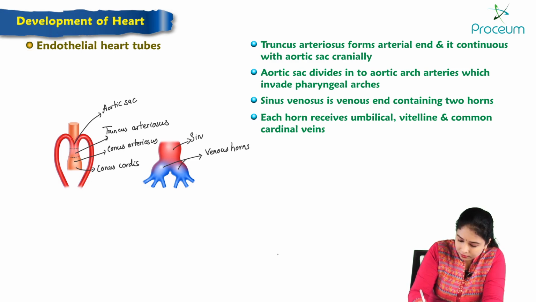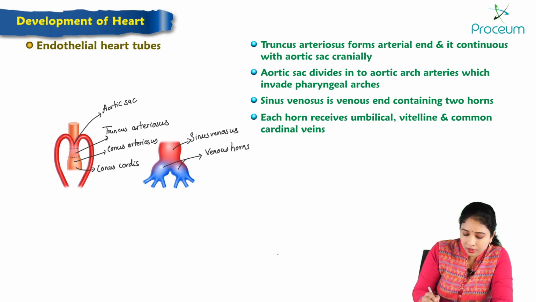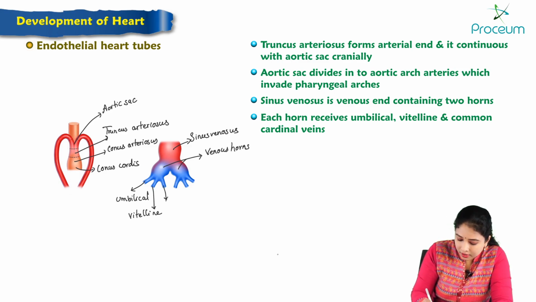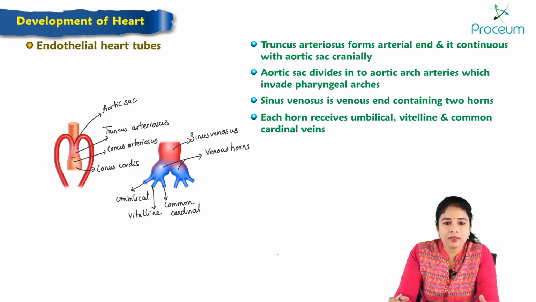Each horn of the sinus venosus receives the tributaries of the umbilical, vitelline and common cardinal veins. The umbilical veins reach via the umbilical cord, the vitelline veins usually drain the yolk sac and the gut tube, and the common cardinal veins drain the body wall.